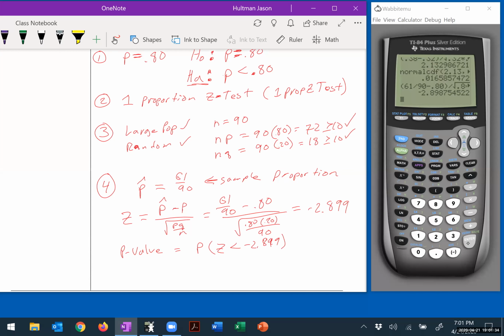We're going to go to normal CDF, and we want to know the probability of being less than negative 2.899.